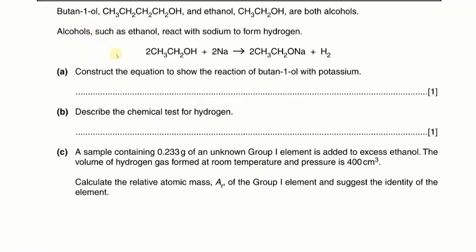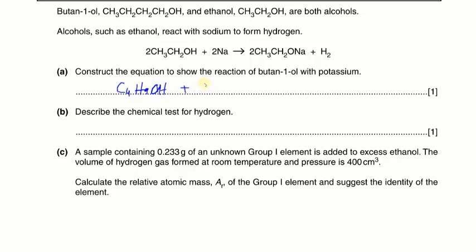So in this question we are given a reaction of alcohol with sodium metal, and we are asked to construct the reaction of butan-1-ol with potassium. A similar reaction we have to construct. There's nothing new, we just have a different formula. Butanol is C4H9OH.